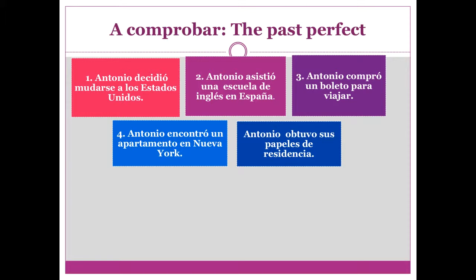Antonio obtuvo sus papeles de residencia. Now, all of these are past tense indicative statements. They simply relate facts. Number 1, Antonio decided to move to the United States. 2, he attended an English school in Spain. 3, he bought an airplane ticket to travel. 4, Antonio found an apartment in New York. 5, Antonio obtained his residence papers.